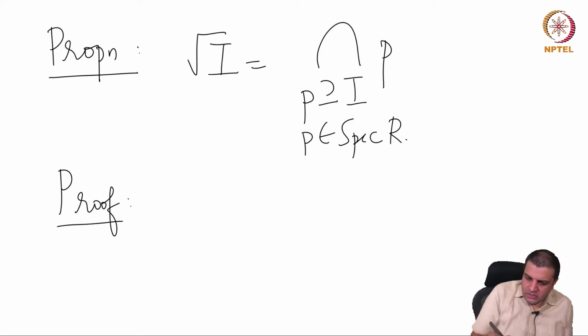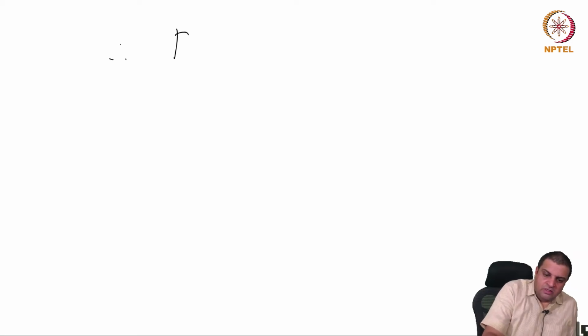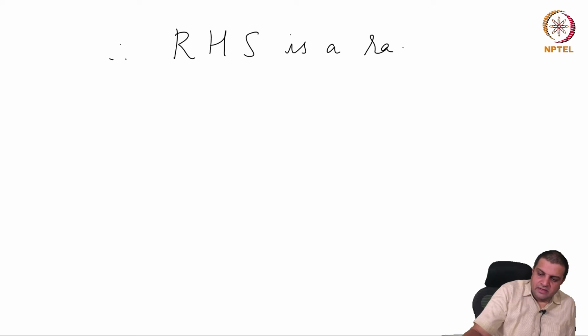Okay, so notice the following things. Prime ideals are radical, and the intersection of prime ideals is radical. Therefore, the right-hand side is a radical ideal.